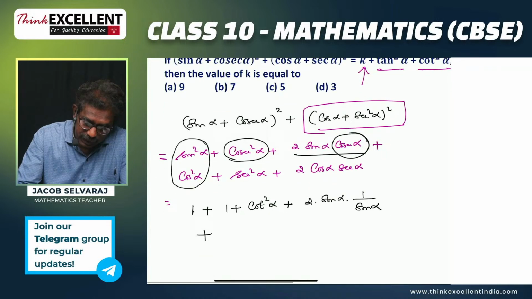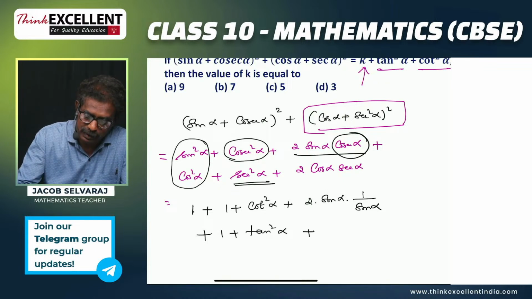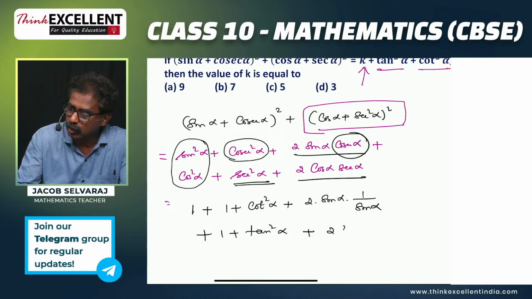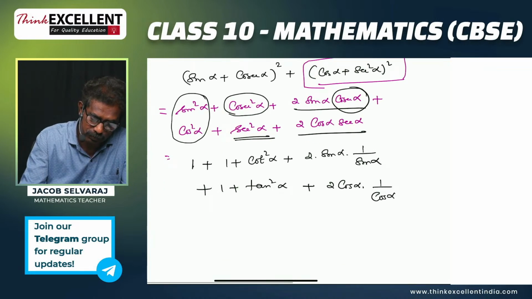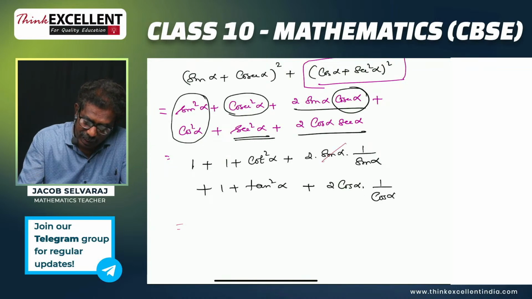Sine square plus. This secant square alpha you can write as 1 plus tan square alpha. Plus, last term, 2 cos alpha into secant alpha is 1 by cos alpha. Now look at this. So here sin alpha cancels, and here cos alpha cancels.